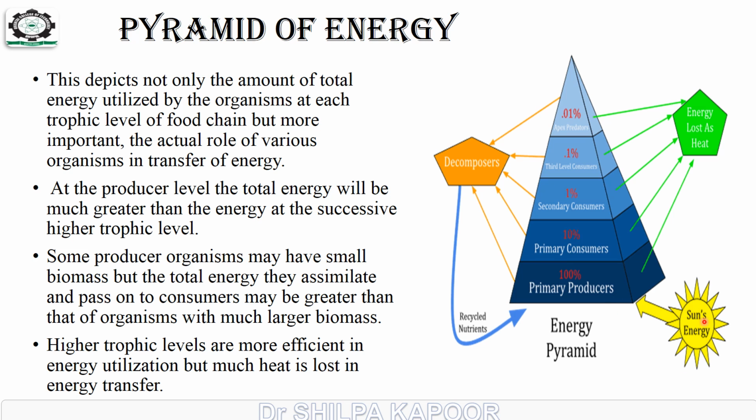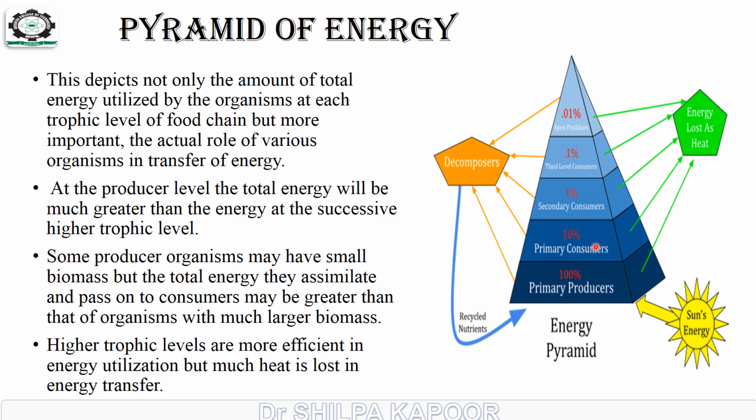Thus, we know that the sun is the major source of energy. The primary producers, which are the autotrophs, make their own food with the help of sunlight and chlorophyll through the process of photosynthesis. The primary producer receives 100% of energy.